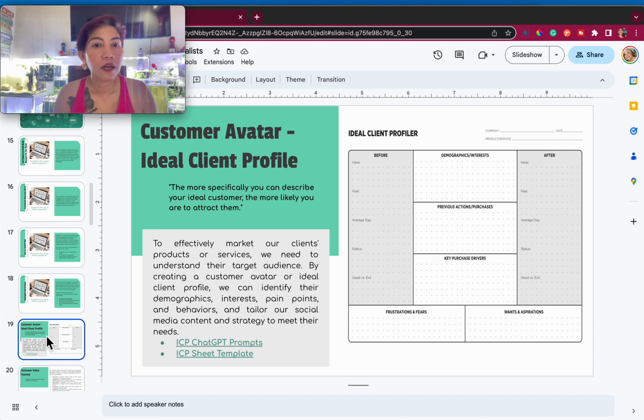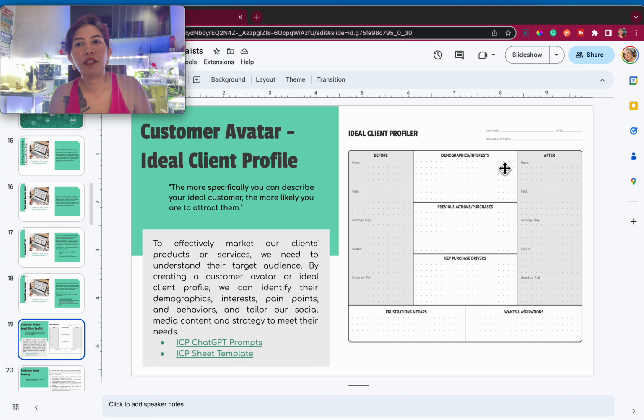So to effectively identify the customer avatar of the client, we need to fill out this sheet right here. This is the ideal client profiler. Okay, so this is the ideal client profiler.